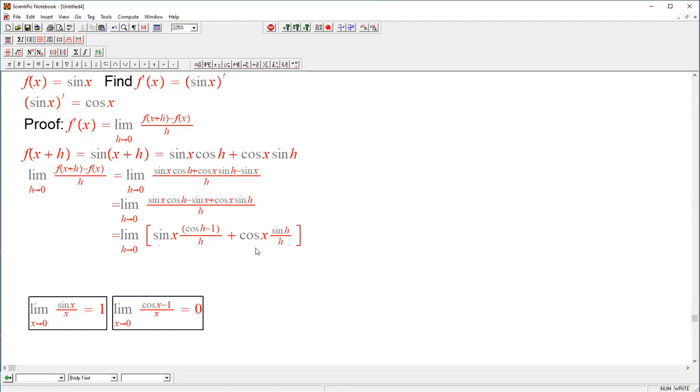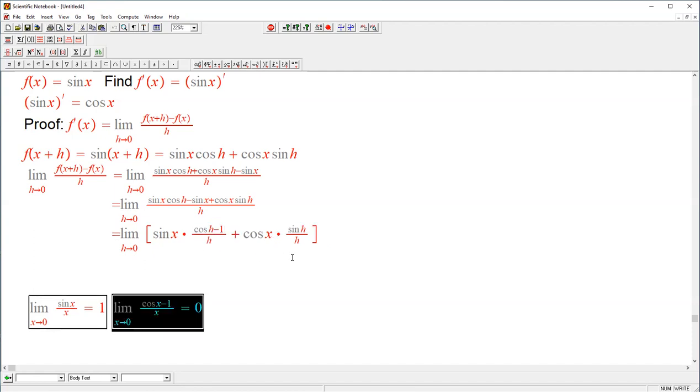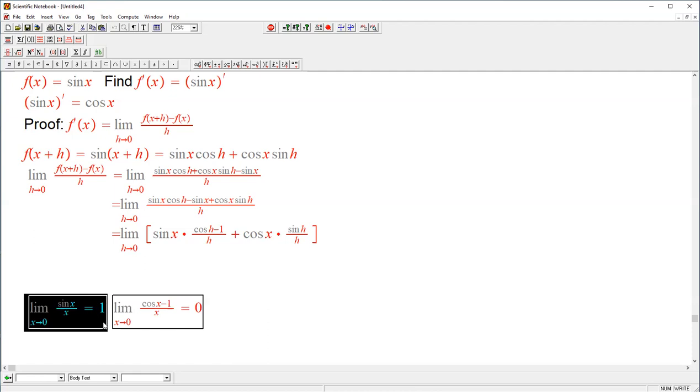So we have 4 individual limits, and they all exist, right? Sine x has nothing to do with h. And cosine h minus 1 divided by h, this piece we can apply this limit. And sine h over h as h approaches 0, that limit is 1, so we can apply that limit.